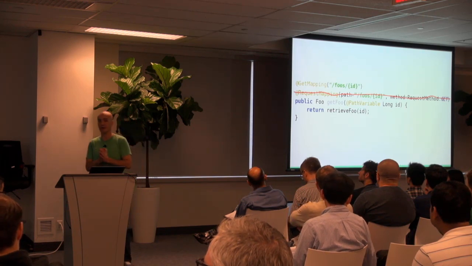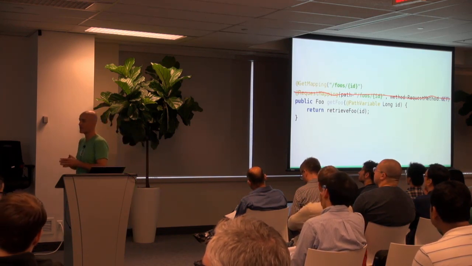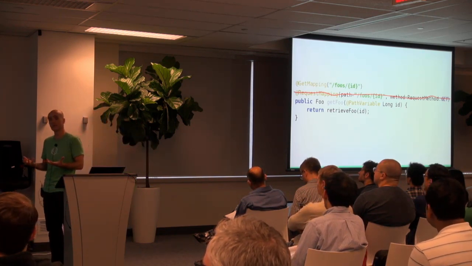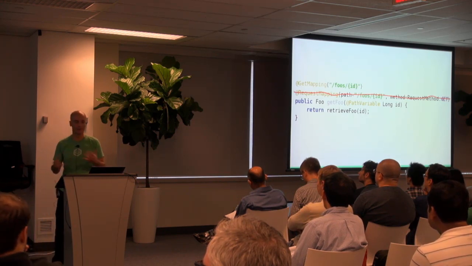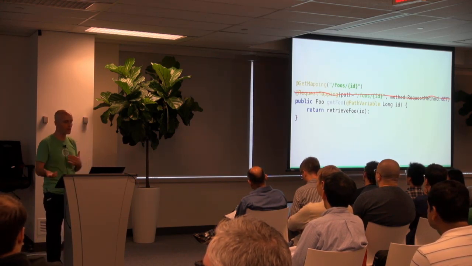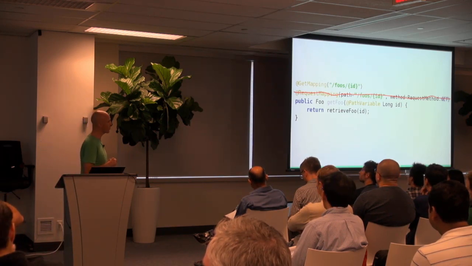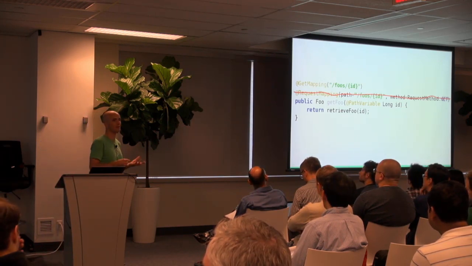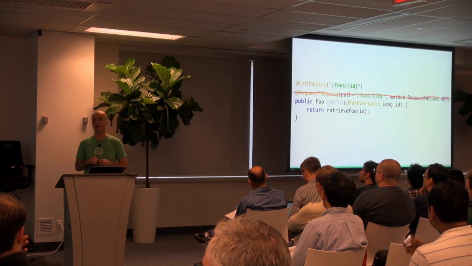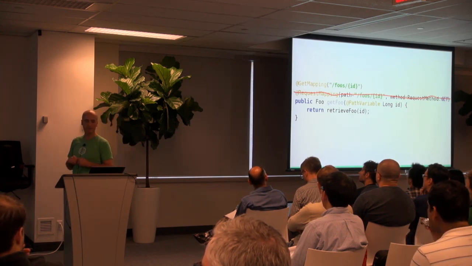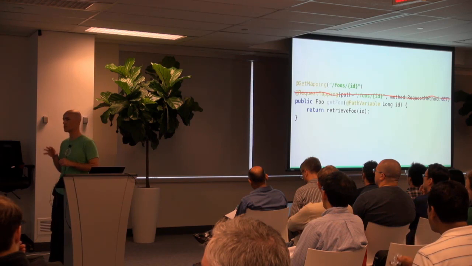And I should say that there was a third camp of people who said you shouldn't do this at all. The reason they said that is because they thought it would introduce a lot of confusion, that you would have two different options. When do I use this? When do I use that? And I think probably the most important prevailing argument for introducing these annotations is that the request mapping annotation arguably is too general for the most common case.